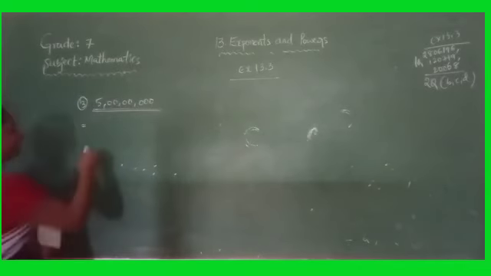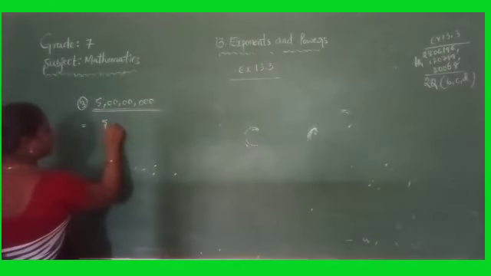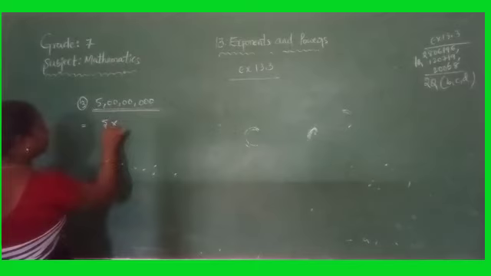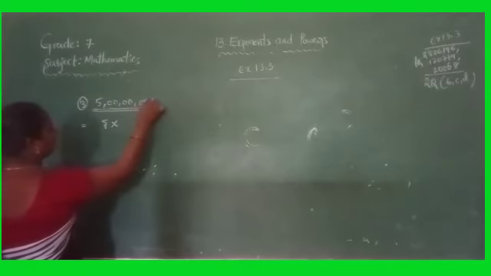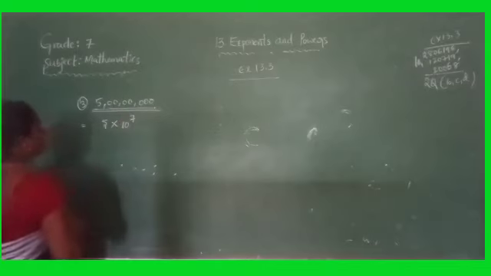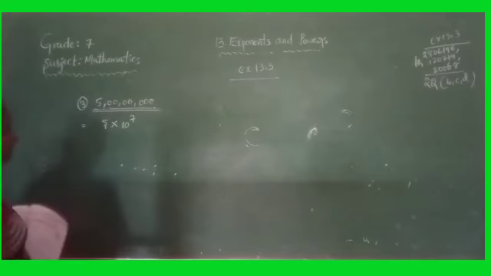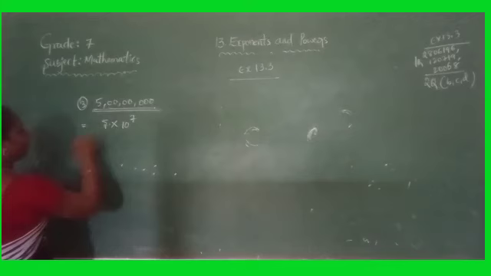How to write? Exactly, how to keep the decimal point. If we keep 5.0, is there any change? No. 5 into, how many zeros are there? 1, 2, 3, 4, 5, 6, 7. We can write just 10 to the power of 7. So 5.0 also we can write, 5 into 10 to the power of 7.